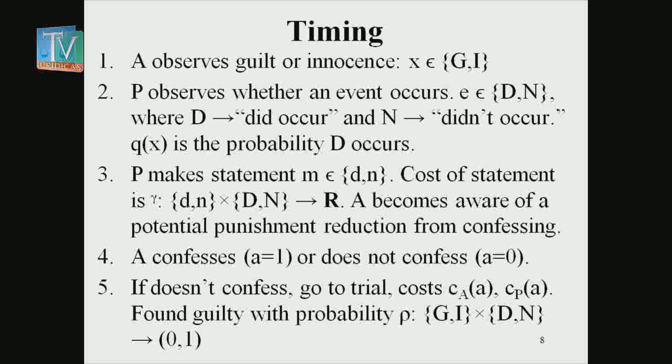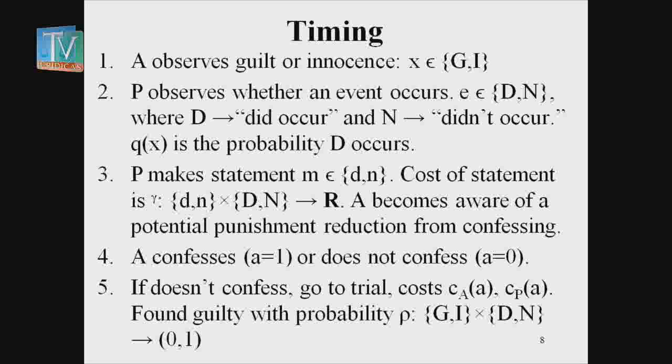This could be some kind of other evidence. And if it occurs, we're going to call that D. If it doesn't occur, that's going to be N. So the police doesn't observe guilt or innocence. Only the accused knows whether the accused is truly guilty or truly innocent, right?